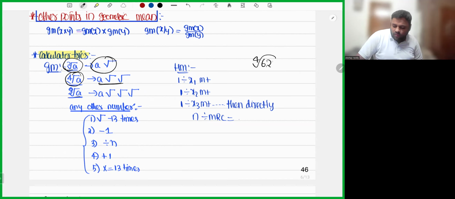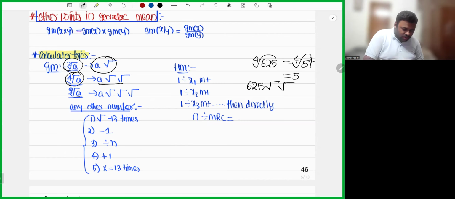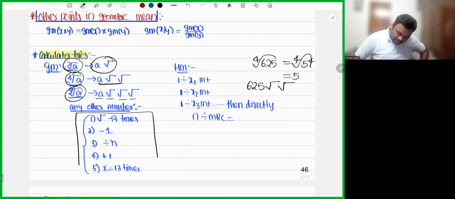We all know the 4th root of 625 is 5, as 5 to the power 4 is 625. To calculate, press 625 and the root symbol 2 times. You will get 5. Next, the 8th root of a is the root 3 times.